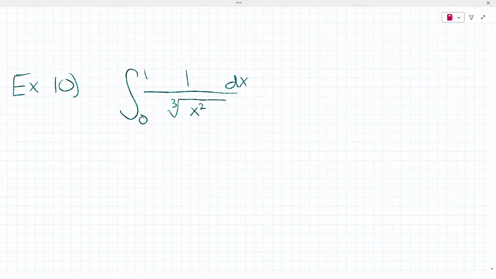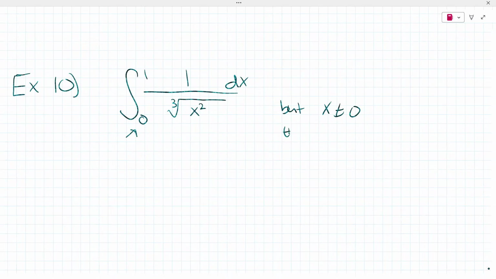So what can your x be? Your x can be anything but 0, right? If you plug in 0, you have undefined, right? So this is why we have to redo this problem. Your x value can be any number except 0. And unfortunately, if you look at our integral, our lower boundary is 0.